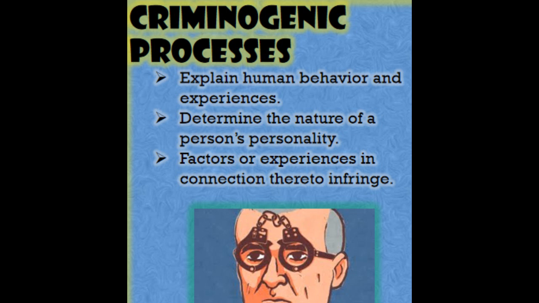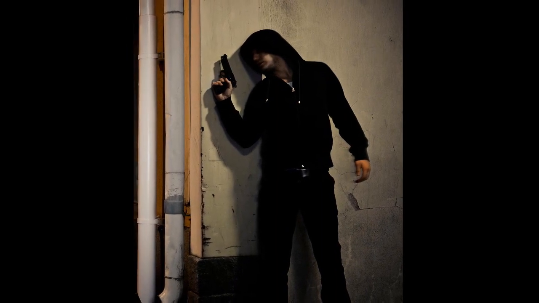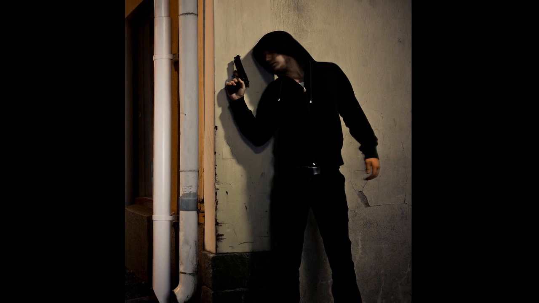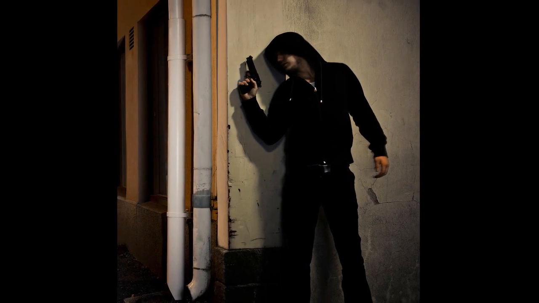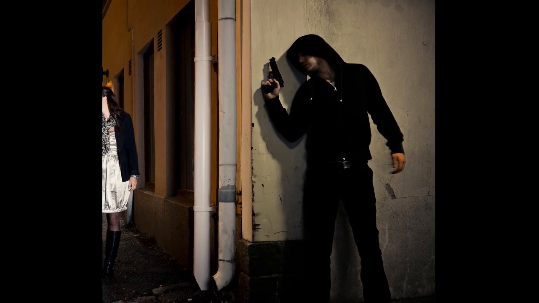Kasi, balikan natin yung bata na lumaki sa isang broken family. Since violence yung puro na nakikita niya araw-araw, na-adapt niya yung pagiging violente. So in the future, he will have a higher tendency to become a criminal or a law violator.